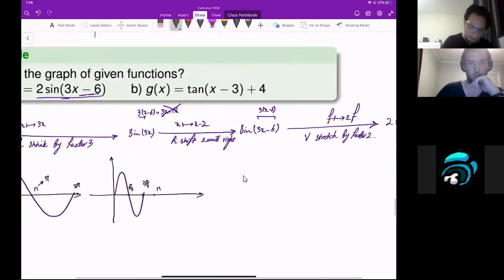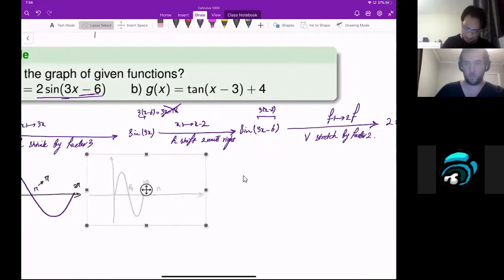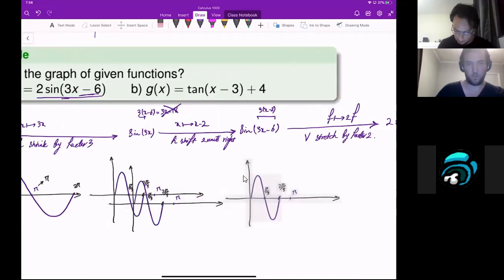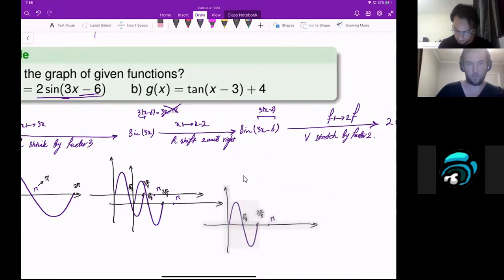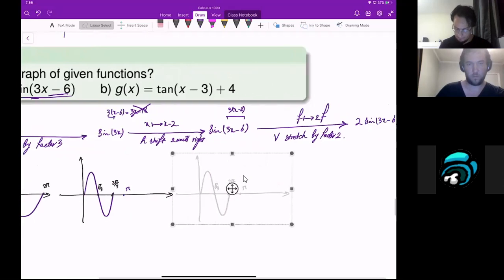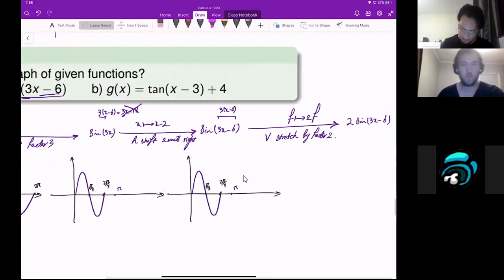Then the next step is, copy, paste, we are shifting it by a factor of 2 to the right. So this one by 2 units to the right. I pick this, move it 2 units, almost somewhere here.